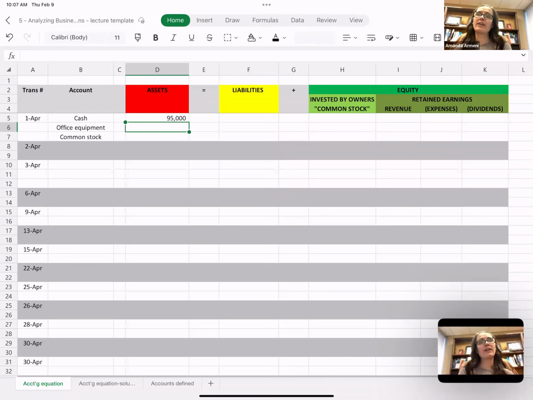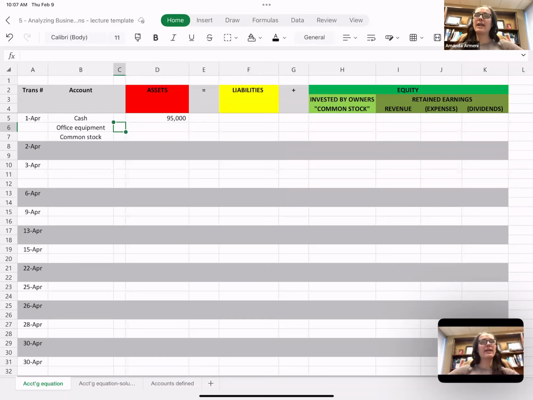Revenue is when we provide services to a customer or a client. Expenses are anything that we incur over the period of time in order to help us generate revenue for our business. And then dividends are those profits that we distribute back out to our investors as a thank you, right? We want to reward them with some of the profits that the business has earned.